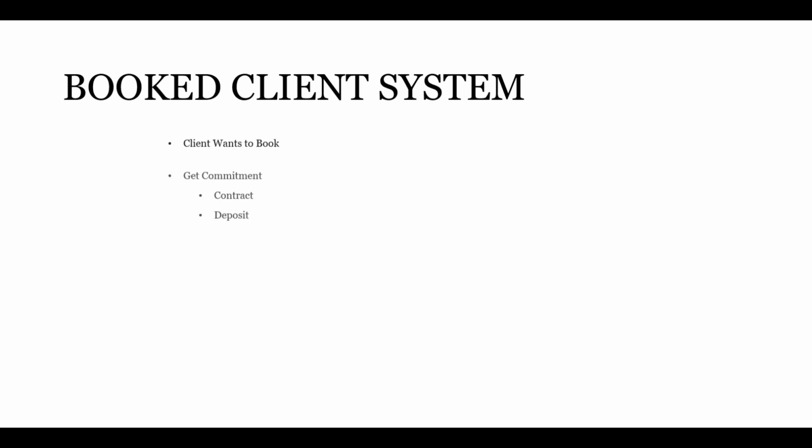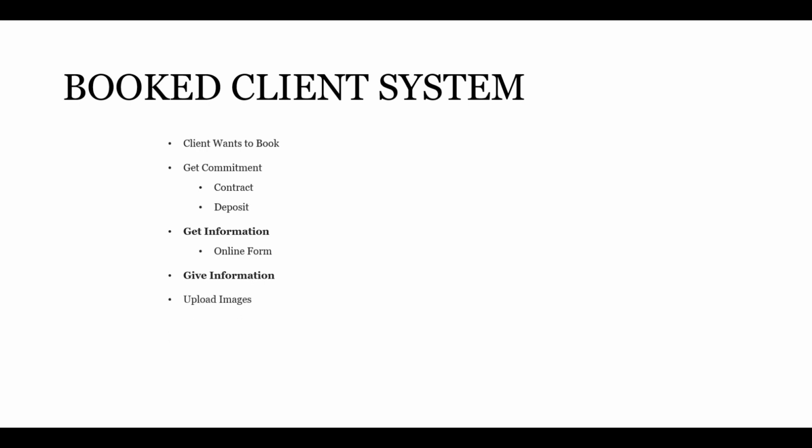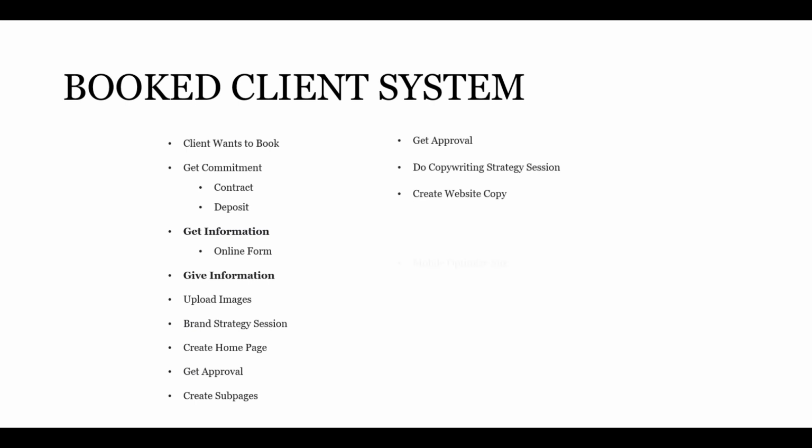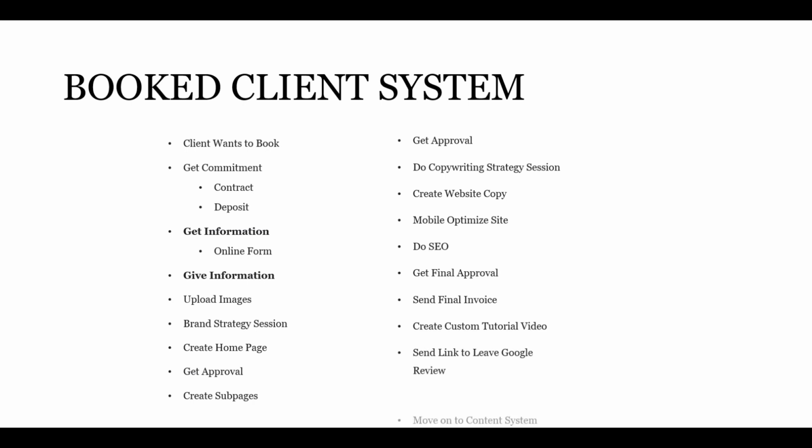Client wants to book, I get their commitment, I get their information, I give them information, what needs to happen next, upload images, we do a brand strategy session, I create their homepage, I get approval, I create their sub pages, I get approval, copywriting strategy, website copy, mobile optimization, SEO, final approval, final invoice, custom video, leave a Google review, and then I move on to my content system.